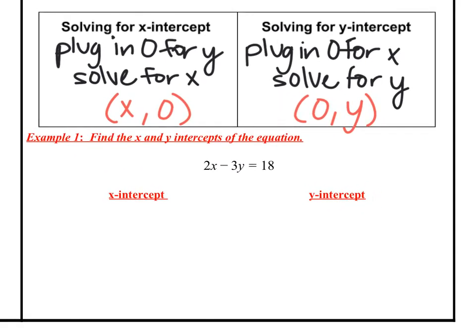with this first equation. Here is my equation in standard form, and I'm going to plug in some zeros to solve for the x-intercept and the y-intercept. First, the x-intercept. I plug in 0 for y because I'm trying to solve for x. When I do that, I do -3 times 0, and I get 0.